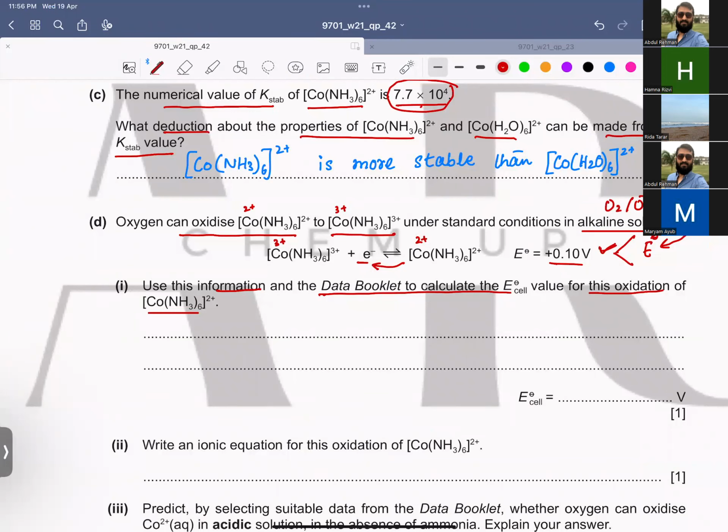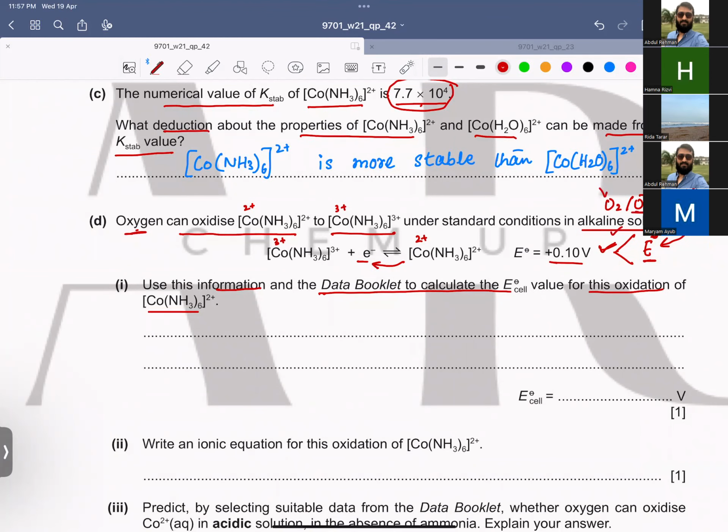Yes, sir. Because we know that the one having a greater E naught value would undergo reduction, and the one with a smaller E naught value would undergo oxidation. So we have to choose the half equation containing the hydroxide ion, as it's alkaline, along with the oxygen. If it oxidizes cobalt, it itself undergoes reduction, so its E naught value must be greater than this value.